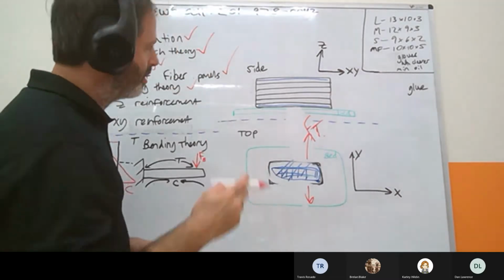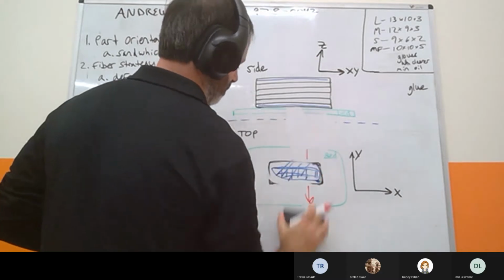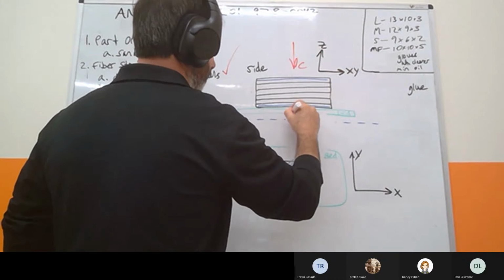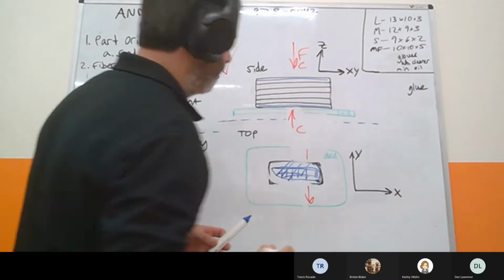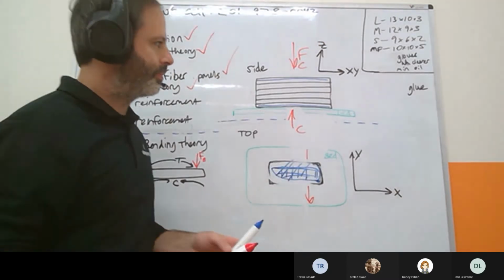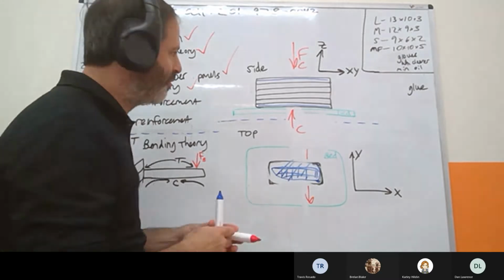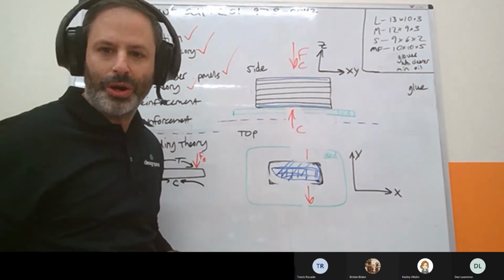Well, if we look at compressive load from the top, okay. Well, what's going to be a good strategy for this? Well, if we do the same type of panels we did before, it's not really going to work, right?